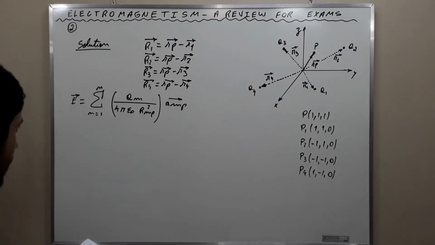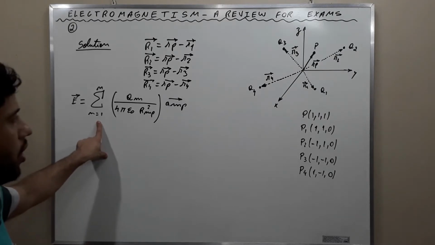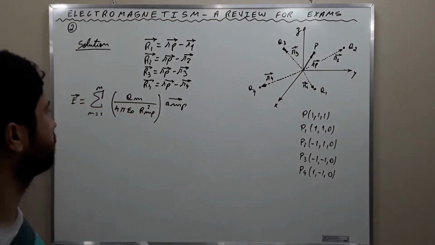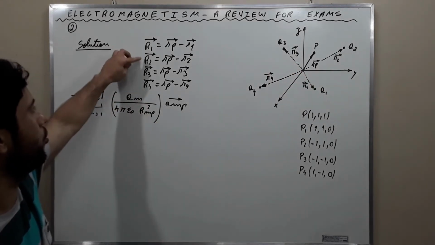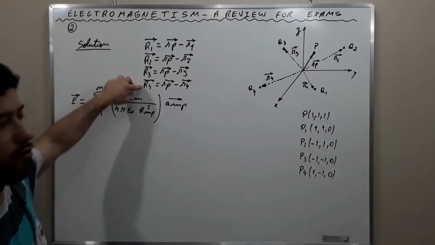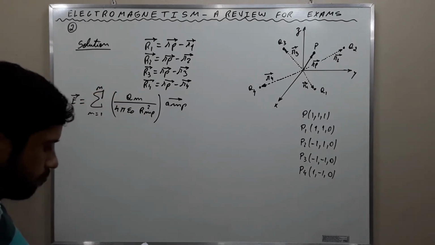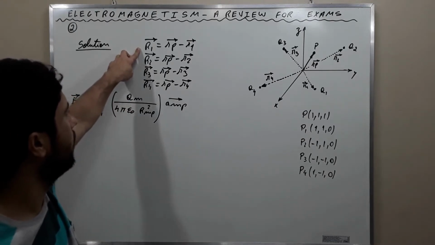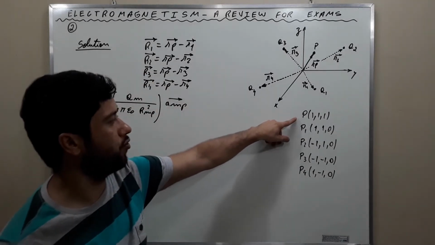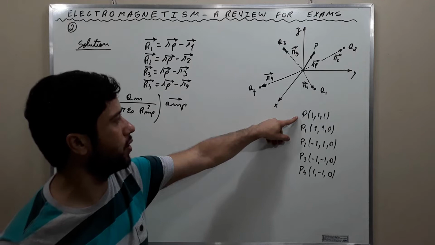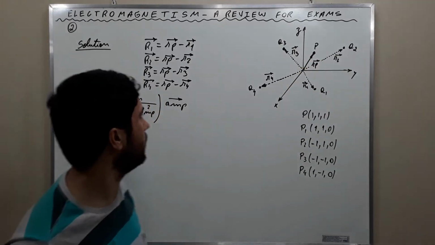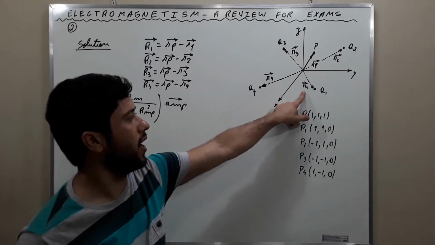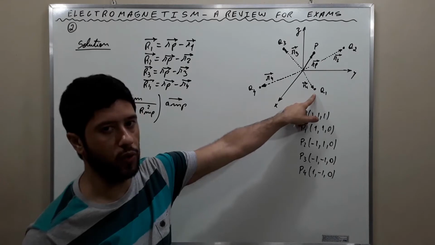Alright, so we are going to sum the contributions of the fields caused by all the charges. To do this, we need to work with these vectors here. This vector is going to be the difference between the vector that positions the point P, which is RP, minus the vector that positions charge 1.